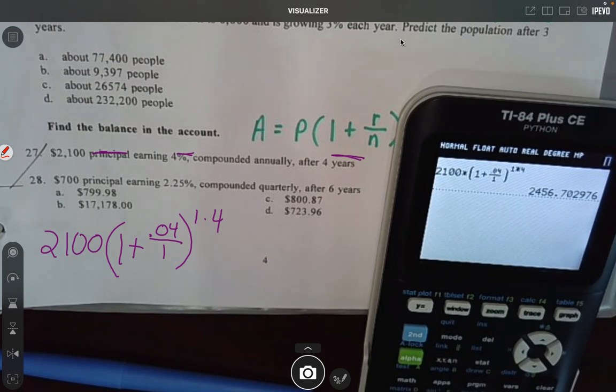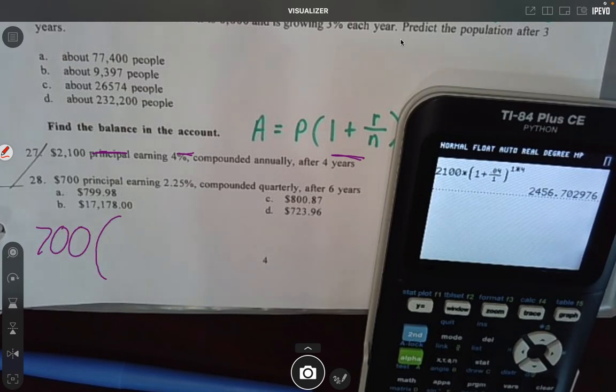All right. Y'all want me to do 28? Does anybody need a second to try it? No? Okay, I'll do 28. Y'all just look so bored. All right, let's see. We get 700. That's the principal, the starting amount. 1 plus this one, what's the rate? 2.25, so it's 0.0225.